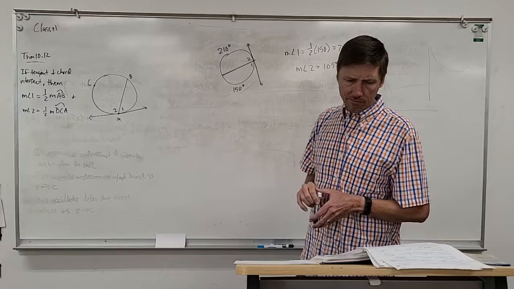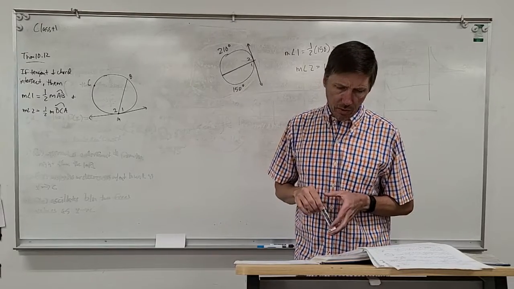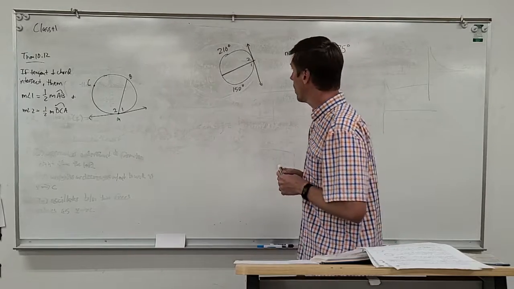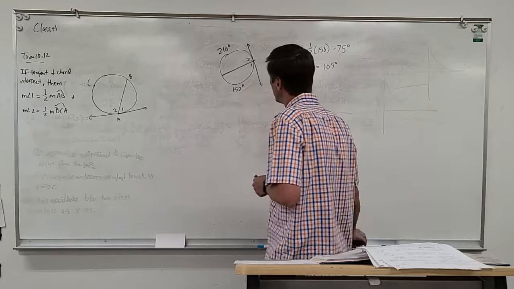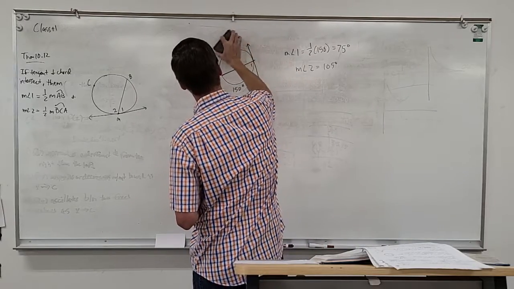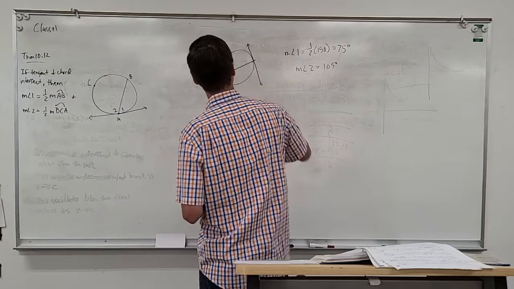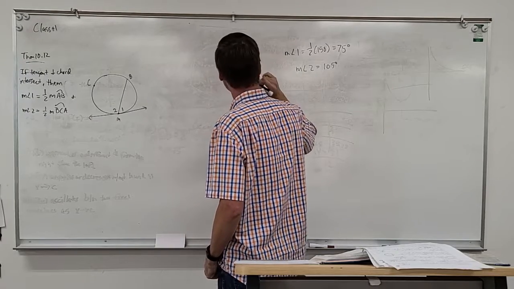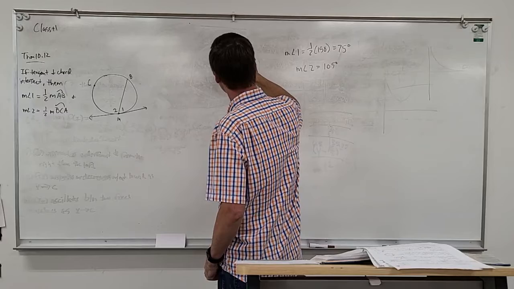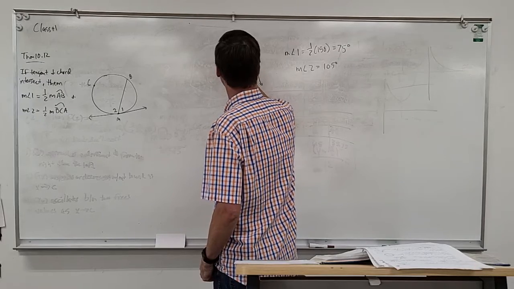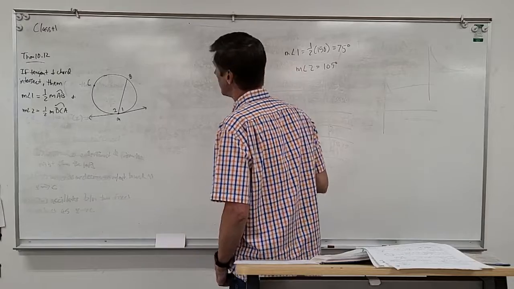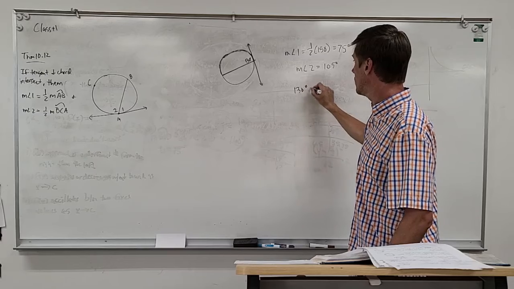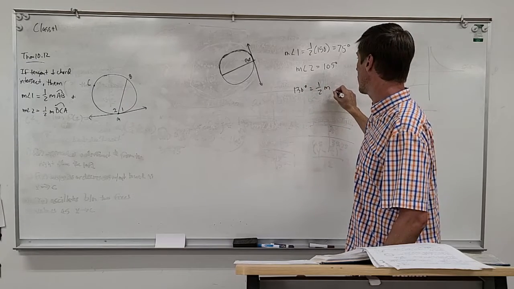All right, so the other problem is similar, except they give us the measurement of the angle instead of the measure of the arc, and they say, what's the measure of the arc? So, in other words, if I were to give you, this isn't drawn to scale at all, but let's say I gave you this as 130 degrees, and I asked you to tell me the measure of this arc right here, then again we would use our formula and we would say 130 degrees equals 1/2 whatever the measure of that arc is there, right?